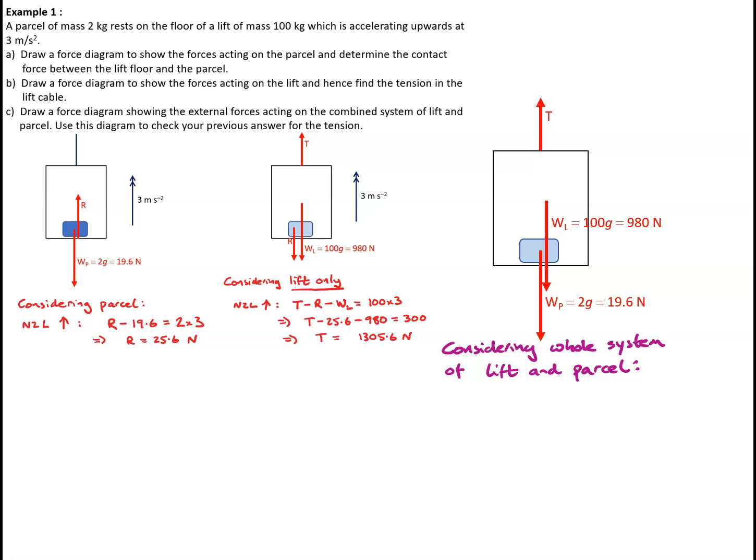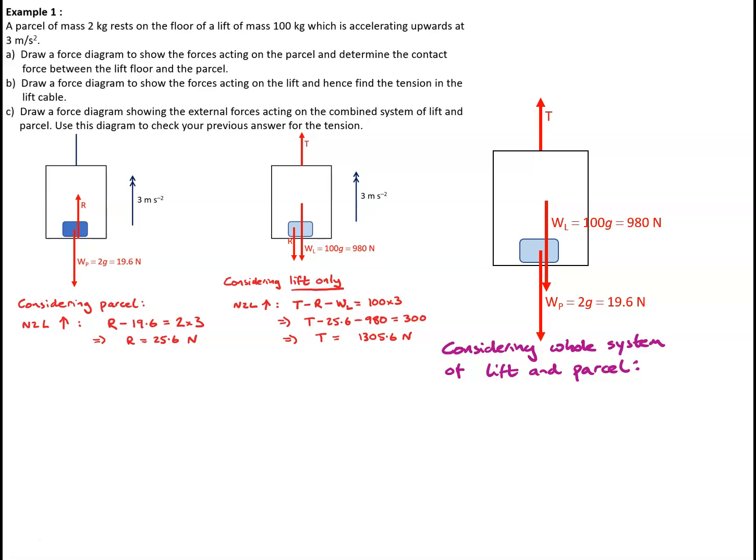We don't show the reaction or the contact force of the lift on the parcel, or the effect of the parcel forcing down on the lift, because they are equal and opposite forces. They are internal forces for the whole system, so we can ignore those because Newton's third law tells us that they are equal and opposite.